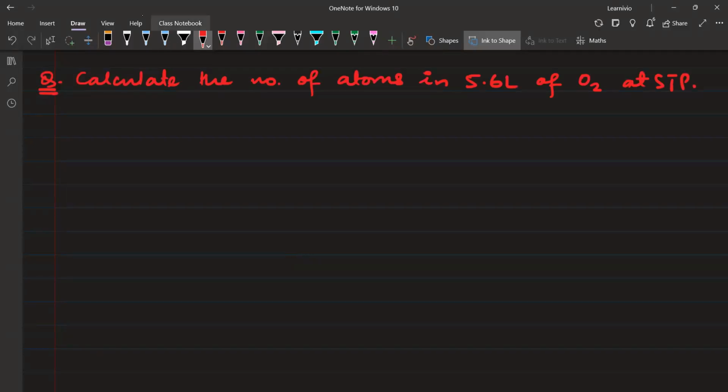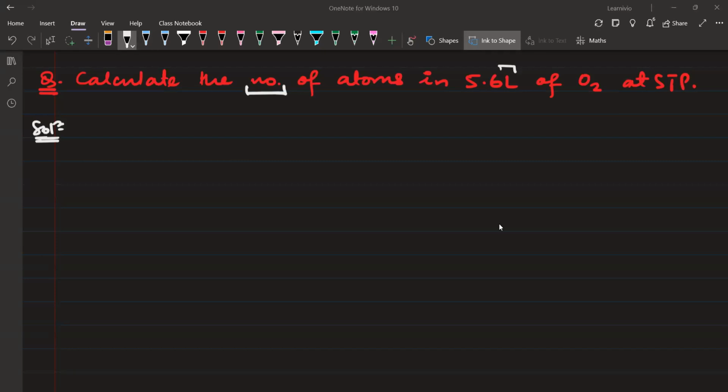Okay. Now, how to do these types of questions? They are not asking for the number of moles. They are asking you to convert volume to number of atoms. When we define moles as number, and when we define moles as volume, we have two different formulas. You just equate them because both of them are equal to moles.